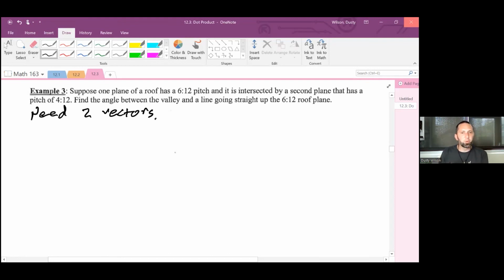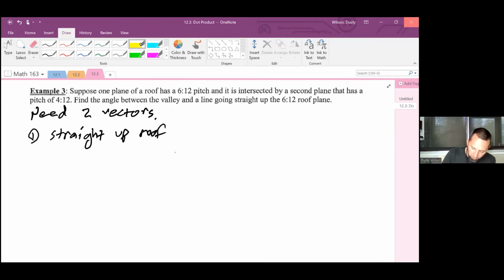The first vector we need is going straight up the roof plane. This is going to be here, straight up the roof. Maybe we'll call it vector U.